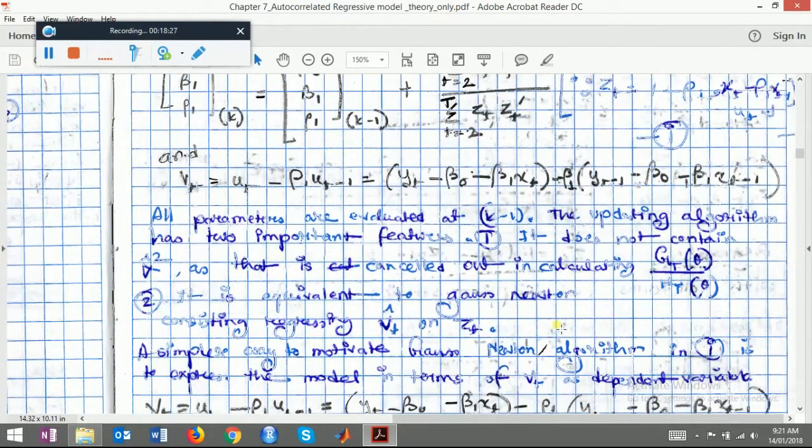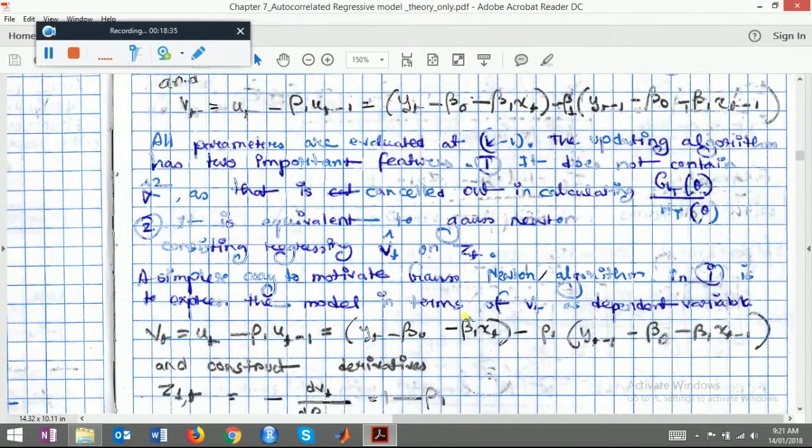So in the updating scheme, the variance is automatically concentrated out. It is equivalent to Gauss Newton consisting of the regression of Vt on Zt, if you can recall from the nonlinear regression model, because autoregressive models are largely nonlinear in the first stage. So regressing Vt on Zt.